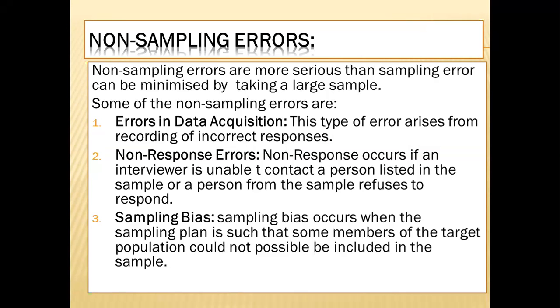So it may be by chance. We can say here, sampling bias. So in non-sampling error, we discussed three problems: error in data acquisition, non-response error, and sampling bias.